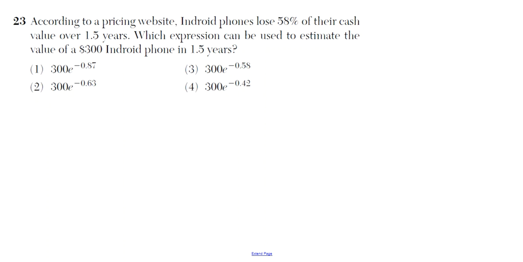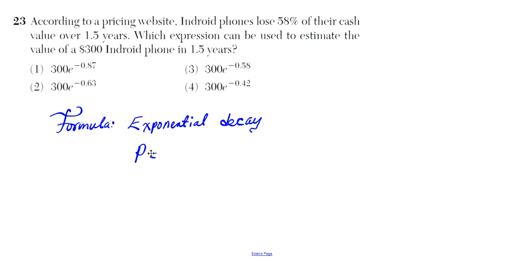Okay, so let's go ahead and write down the formula for exponential decay. Okay, remember we have exponential growth and we have exponential decay. For exponential decay, the final amount is going to be the initial amount, a sub 0, times e raised to the negative r, the decay rate, times time.